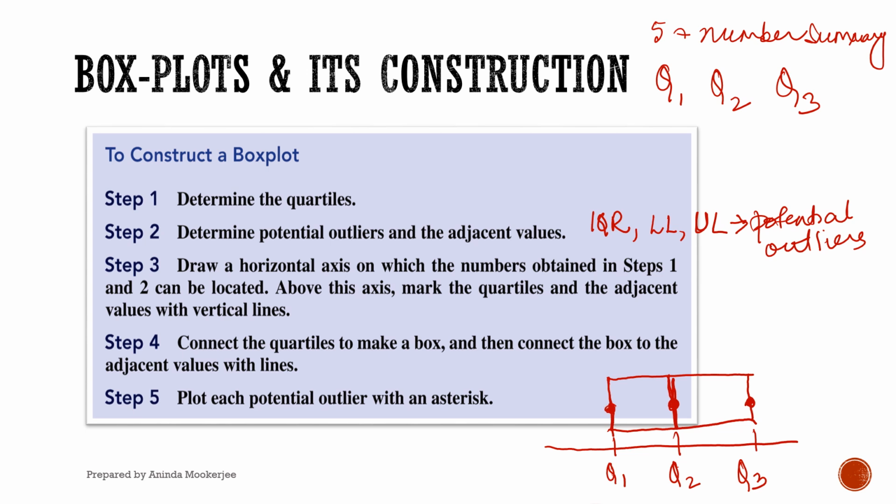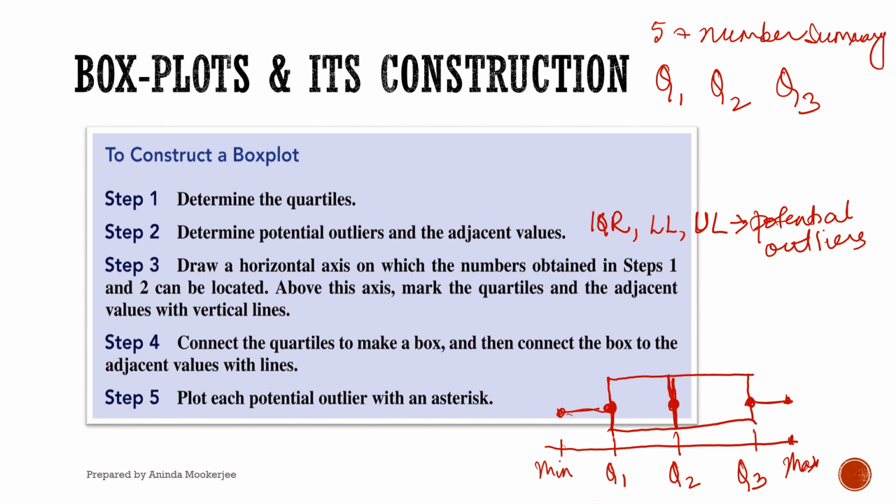Right, so here we have indicated our quartiles and then adjacent values. Now, if there are no potential outliers, just identify the minimum and the maximum values, and connect them. It's also called the box and whisker plot. So connect them with a straight line.